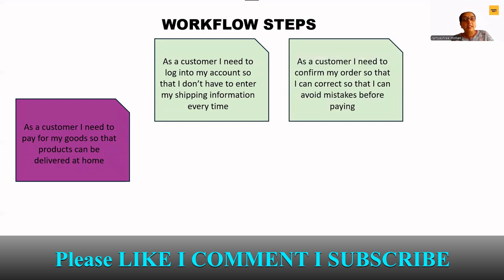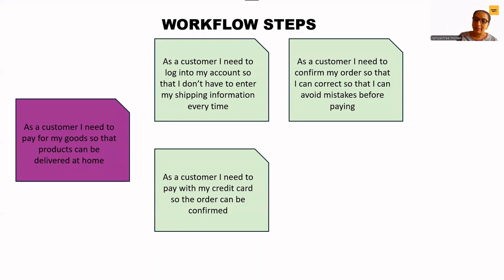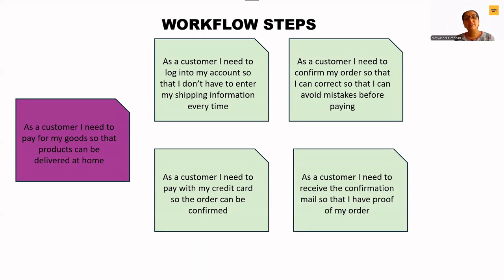As a customer, I need to confirm my order so that I can avoid mistakes before paying. As a customer, I need to pay with my credit card so that the order can be confirmed. As a customer, I need to receive the confirmation mail so that I have proof of my order. These are the workflow steps, step by step.